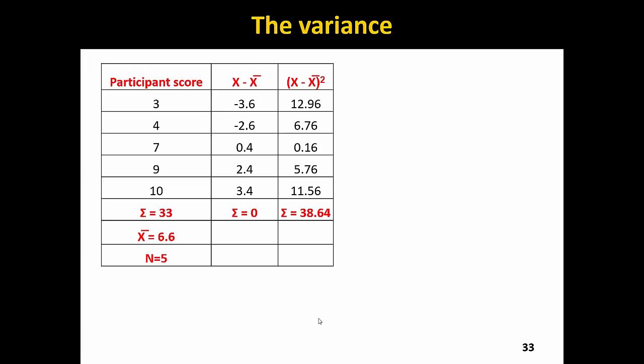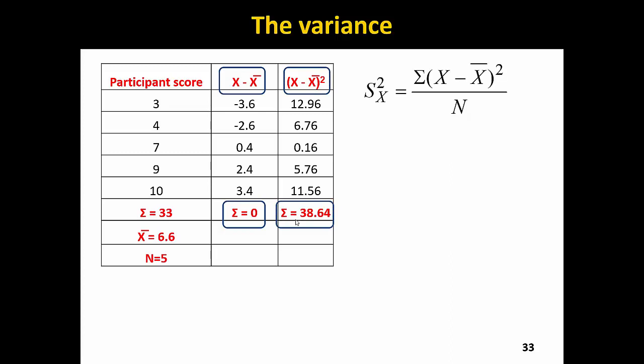So working through this example here on the slide, here we see, just as a repeat, our deviation, the problem with the deviation summing to 0. But now we take the negative 3.6, we square this term, so negative 3.6 times negative 3.6 gives us 12.96, negative 2.6 times negative 2.6 gives us 6.76, so on and so forth. We now add up all of these values and we get a final value of 38.64.